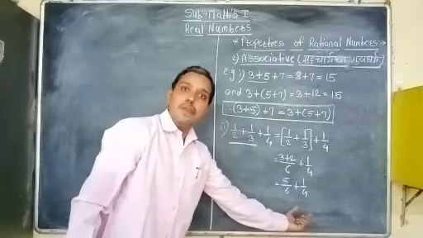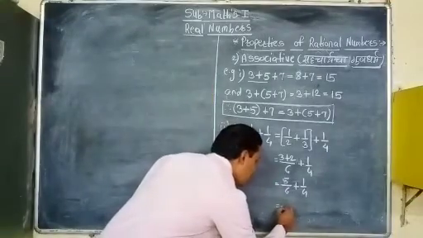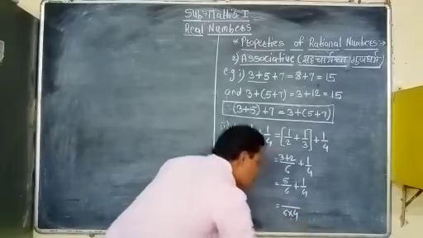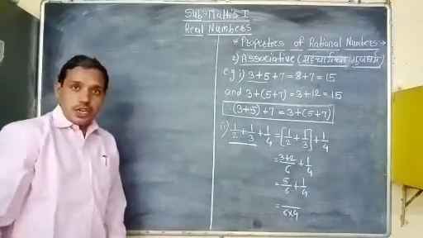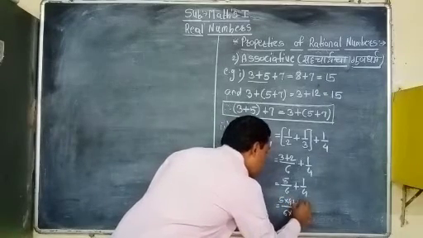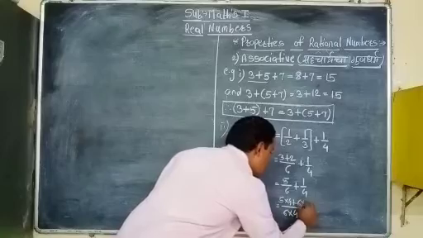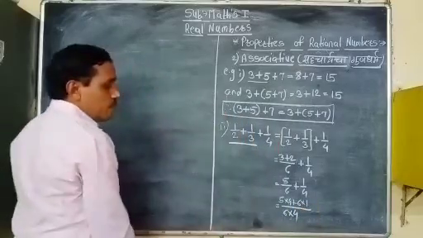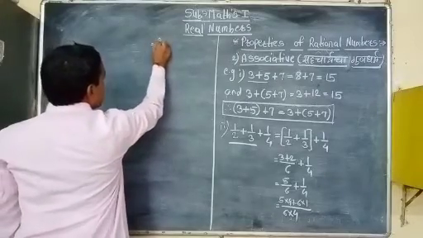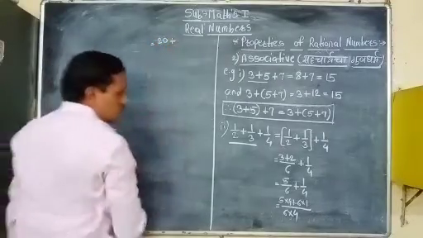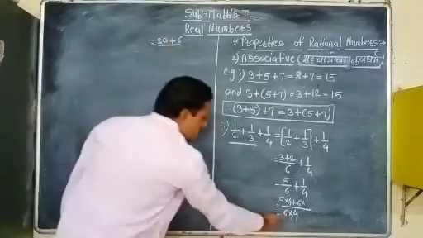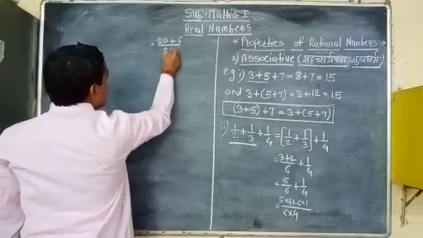Again the bases are not the same, so we take the product, 6 by 4, and do the cross multiplication. 5 fours are 20 plus 6 ones are 6, and 6 fours are 24.